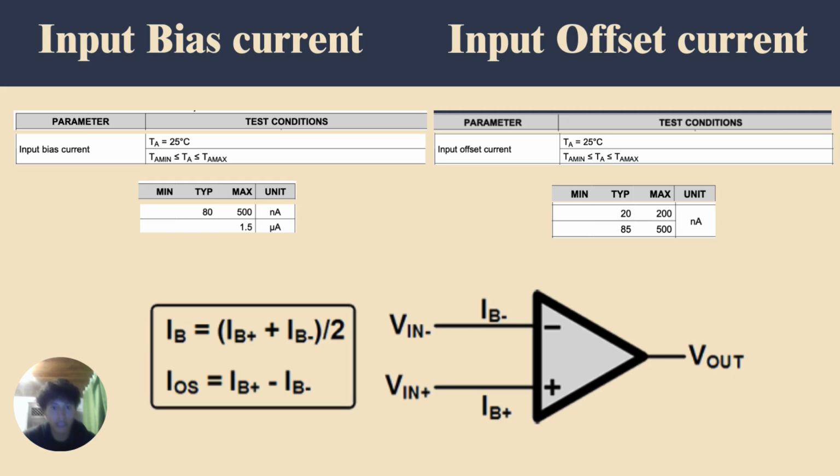Chopper op amps periodically correct their offset voltage, minimizing both input bias current and input offset current automatically. These are the values of input offset current for the LM741 at 25 degrees Celsius: the typical is 20 nanoamperes and the maximum is 200 nanoamperes.